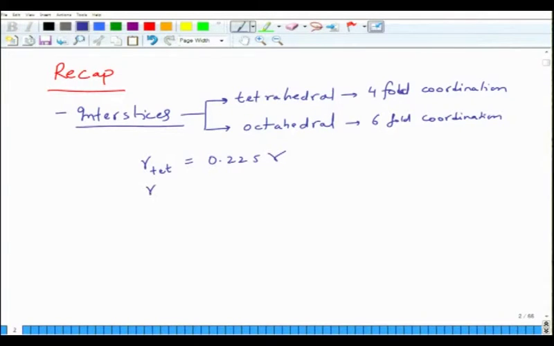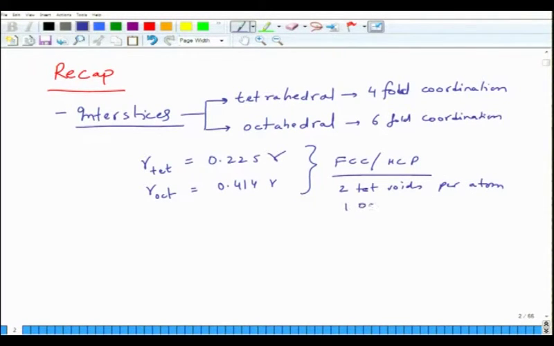Similarly, R oct is 0.414 R. So this is the maximum size of the atom that can fit in octahedral or tetrahedral impurities without distorting the octahedra or tetrahedra. And this is in case of FCC or HCP. And we also saw that in FCC and HCP you have two tetrahedral voids per atom and one octahedral void per atom.